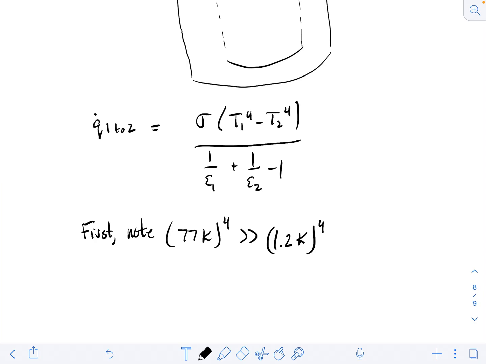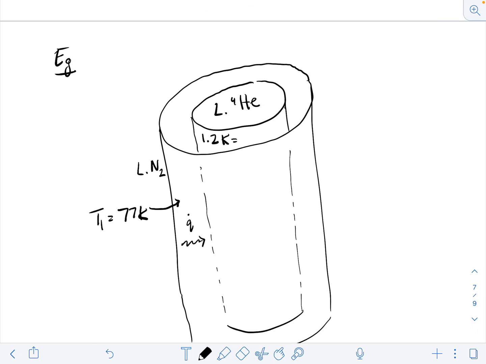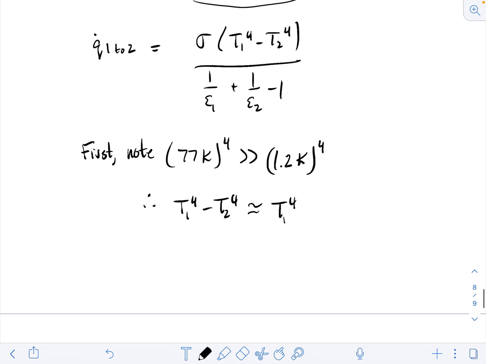So if you have a relatively hot surface in low temperature physics radiating heat to a very cold surface, usually the T to the fourth of the cold surface is negligible compared to the warm temperature. So T1 to the fourth minus T2 to the fourth, for all practical purposes, is just dependent on the T1. So we can neglect the T2 to the fourth.